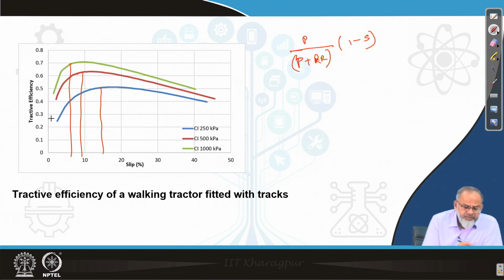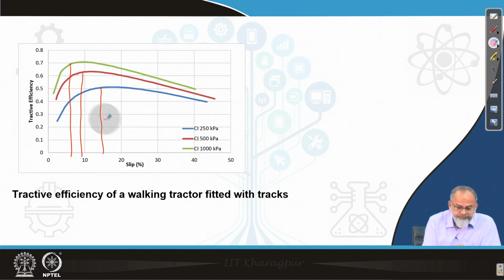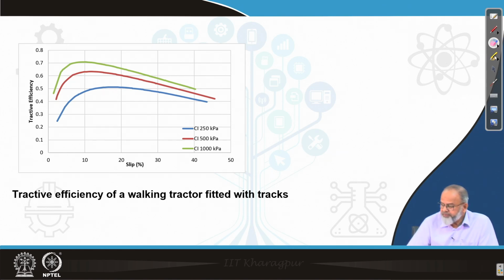The initial reduction in tractive efficiency is because of the power lost to overcome the rolling resistance, and after 20% slip, whatever reduction there is, is because of the wheel slip, the track slip. The power is lost because of the higher slip. That is the reason we are getting a peak at a particular range of slip value.